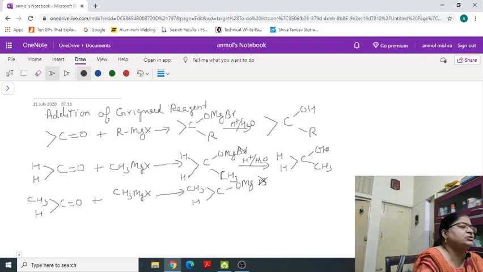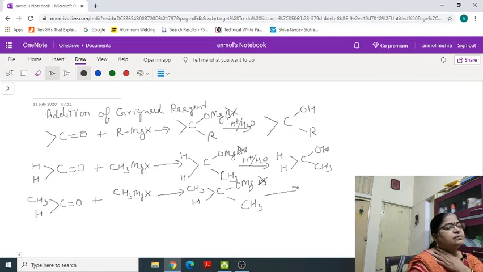We have taken X, so we will write down here X. If you have taken Br, then we would have written Br. So it will form secondary alcohol.